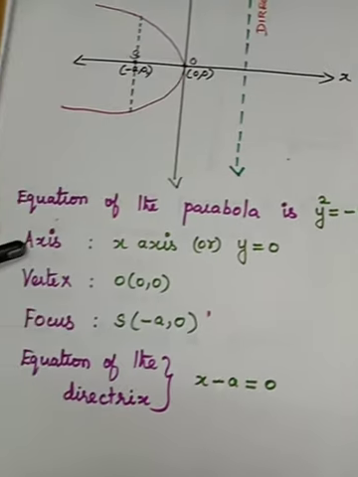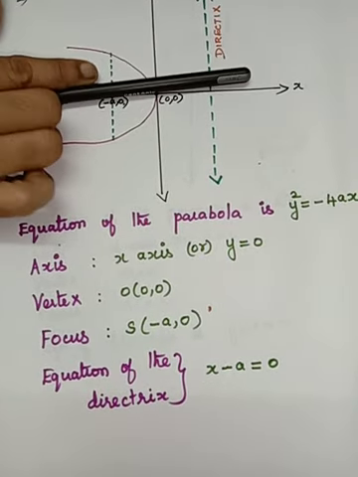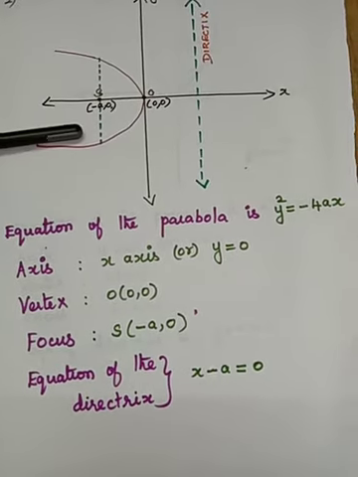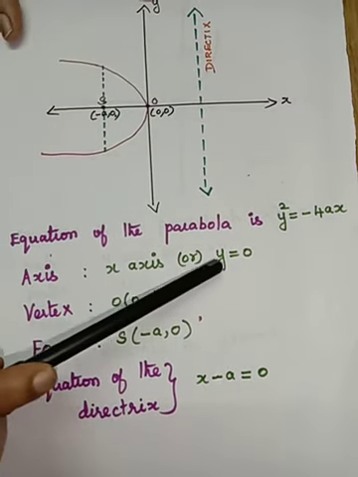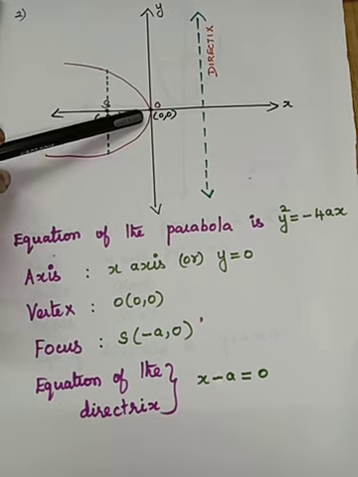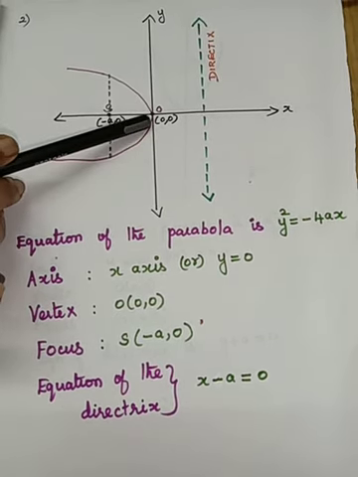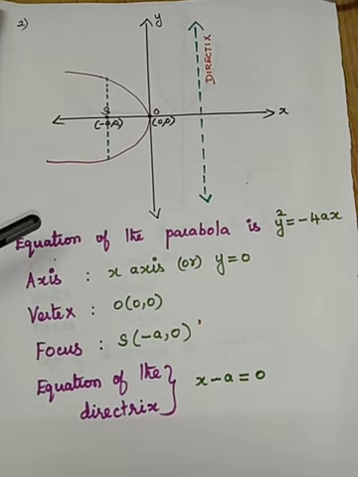What is the axis? You see that the same axis, the x-axis, divides the parabola into two equal parts. So the axis is the x-axis, whose equation is y equals 0. The vertex is nothing but (0, 0); on seeing the diagram itself, you know the vertex is (0, 0). Come to the focus.